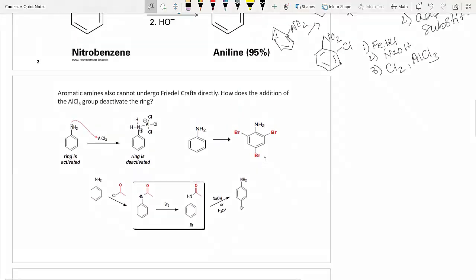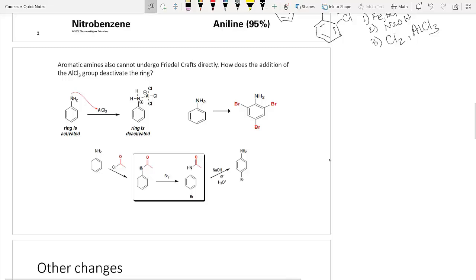Another change that can be done has a lot to do with the amino group. There are 3 things that the amino group change that we have here can do.